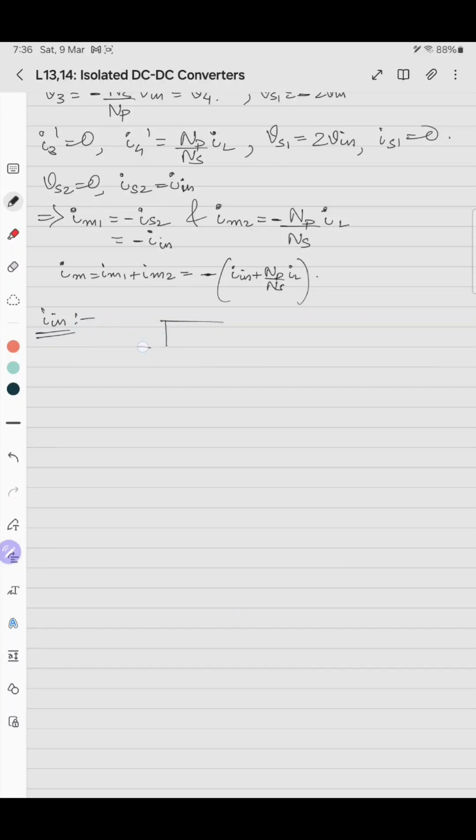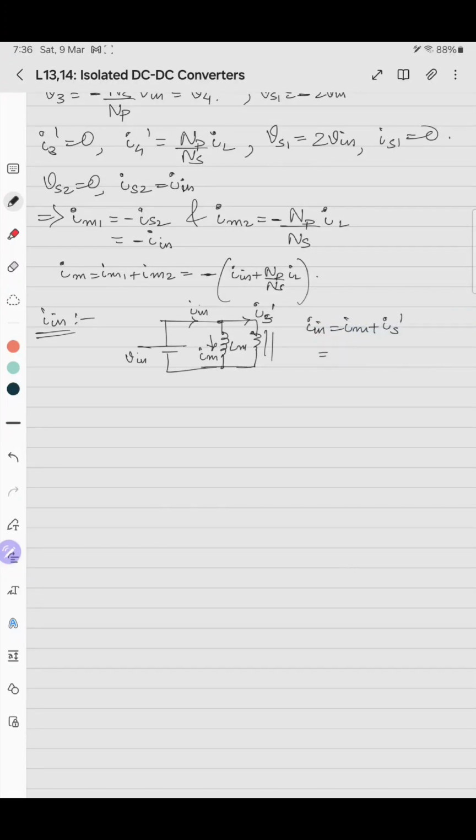So let's assume that we have a normal transformer. This is the I in, this is the overall magnetizing branch, and this is the overall reflected component of the secondary, I2 or IS dash, and this is LM and this is IM. So in this case, I in is IM plus IS dash.